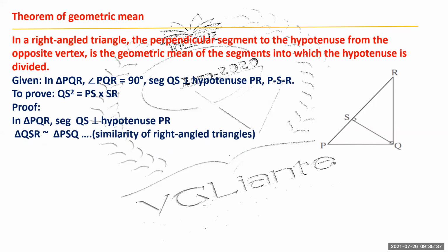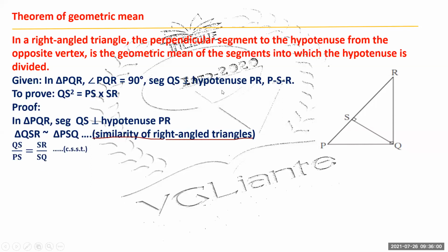You know the altitude drawn divides the triangle into two triangles, and those two triangles are similar to the original triangle and also to each other. So that property, the first theorem which we studied today, we have applied here.